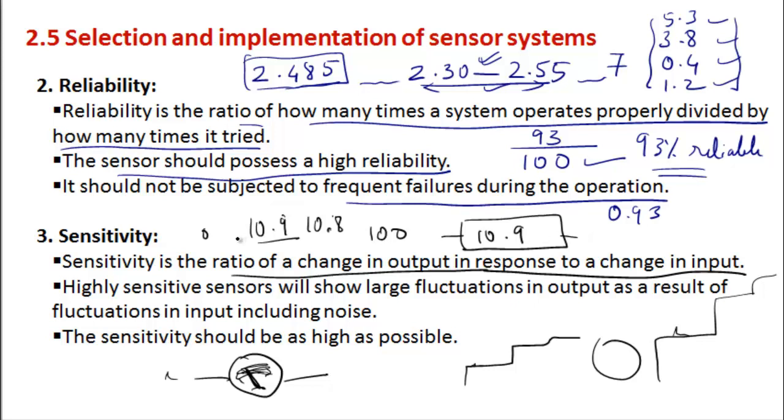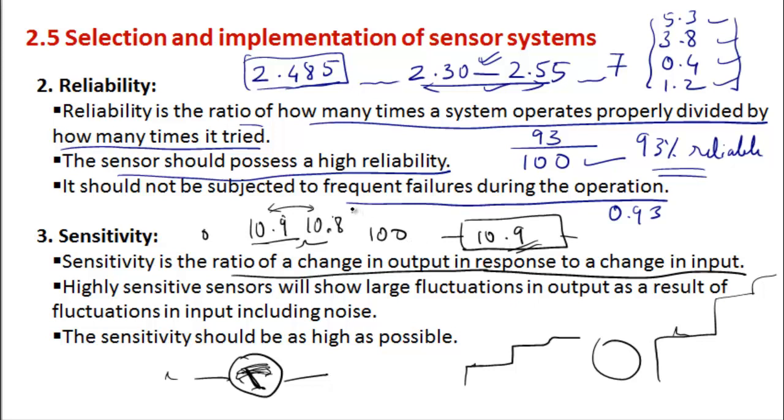But suppose it goes from 10.9 to 10.8, but here it is still showing 10.9. That means this small change it has not sensed. It has not sensed the small change of 0.1. It might be still giving 10.9.